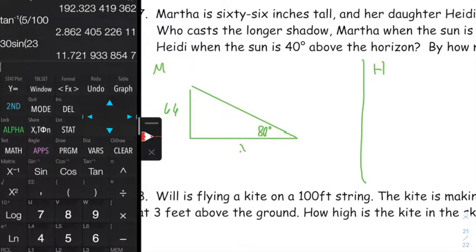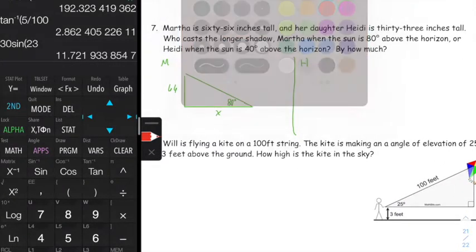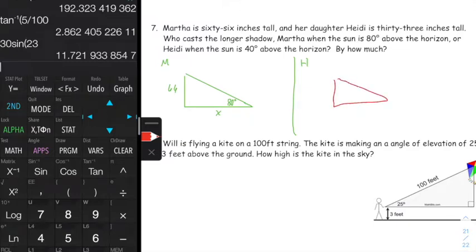We're going to figure out what that shadow length is. And then for Heidi, she is 33 inches tall. We'll put that there, but the sun is only 40 degrees. Then we're going to see what that shadow is right there.